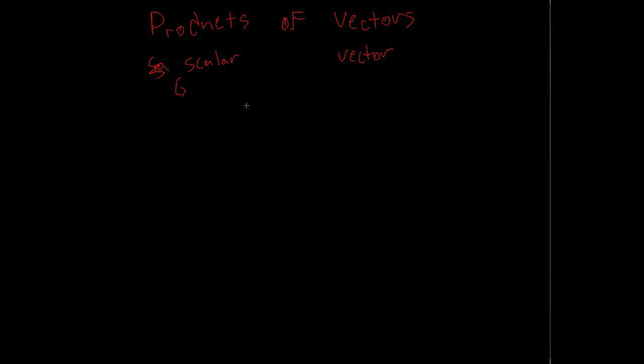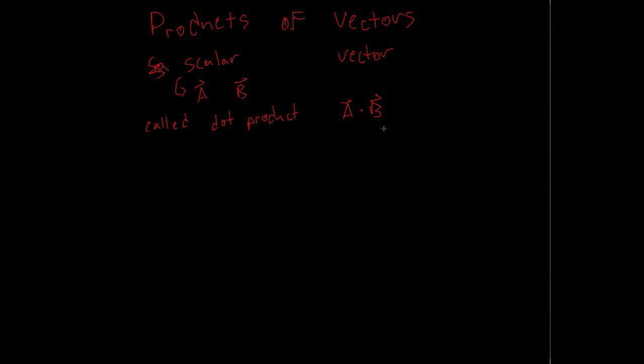So, scalar product, say we've got vector A and vector B. Scalar product is also called the dot product because of the notation. So, vector A dot vector B, dot product.